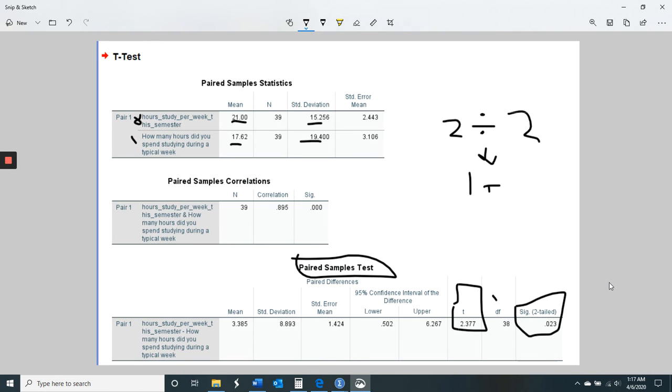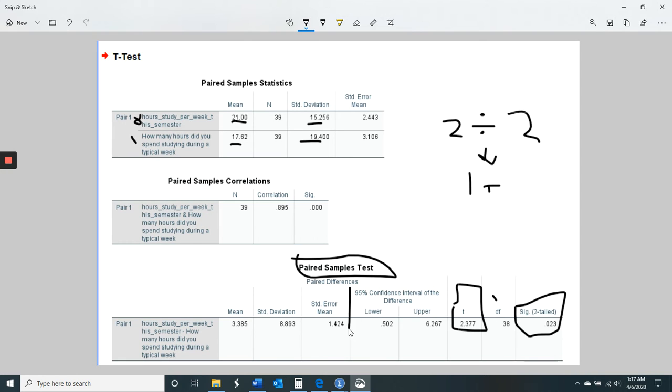And as long as that significance level is below 0.05, then we reject H0, because if it's below 0.05, we're saying that there's less than a 5% chance that we're making a type 1 error. That's good. If the significance, the sig level, is more than 0.05, then we have to say we failed to reject the H0 because the probability of us making a type 1 error is greater than 5%.